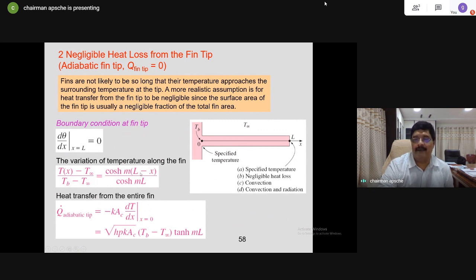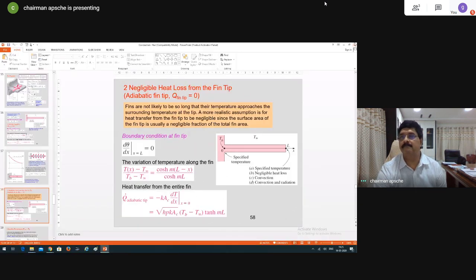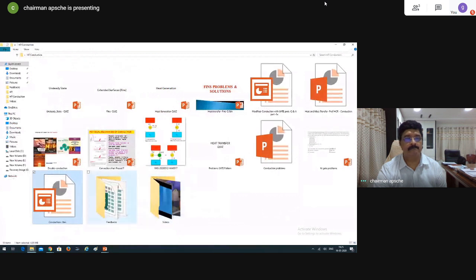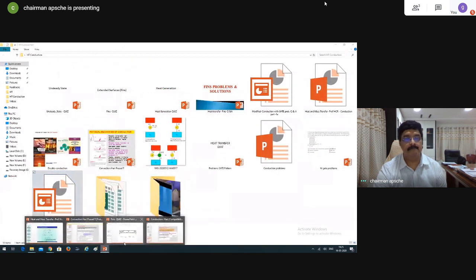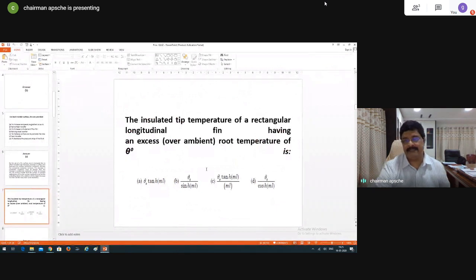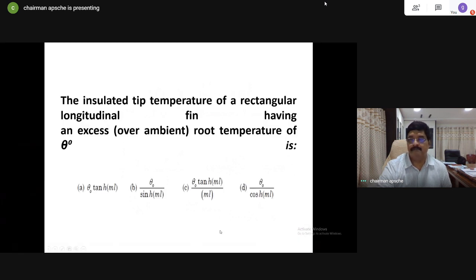At x equal to L. L minus L is 0, cosh of 0 is 1, and therefore it is 1 by cosh mL. So theta naught divided by cosh mL is the answer. I'm sorry, I picked up a wrong equation. This is the fin efficiency equation, not the temperature distribution equation. So D is the correct answer.